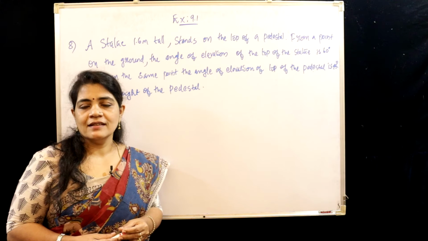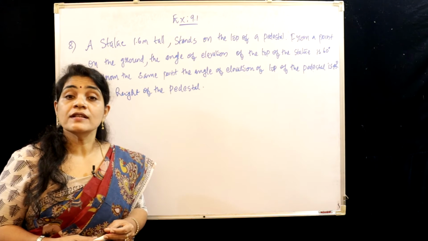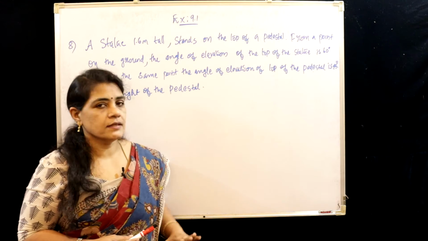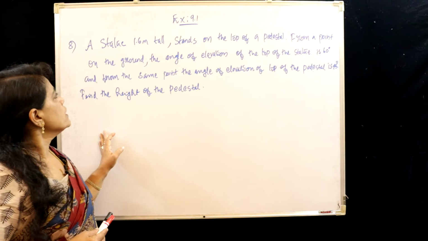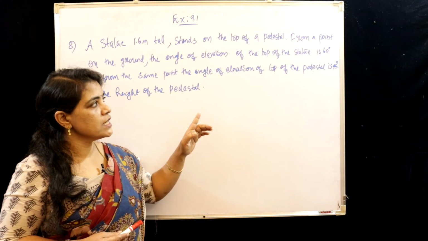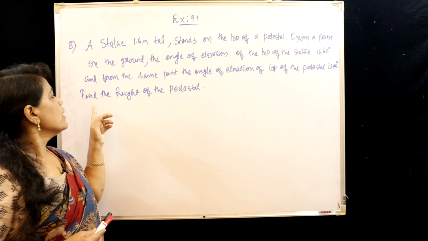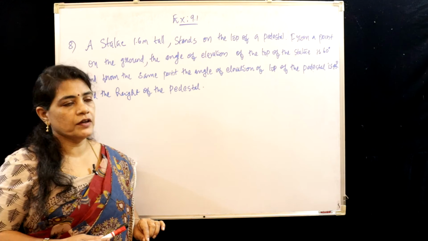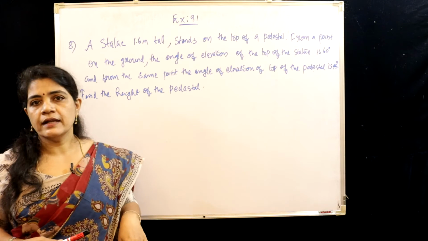Now the 8th question. A statue 1.6 meter tall stands on the top of a pedestal. From a point on the ground, the angle of elevation of the top of the statue is 60 degree, and from the same point the angle of elevation of the top of the pedestal is 45 degree. Find the height of the pedestal.